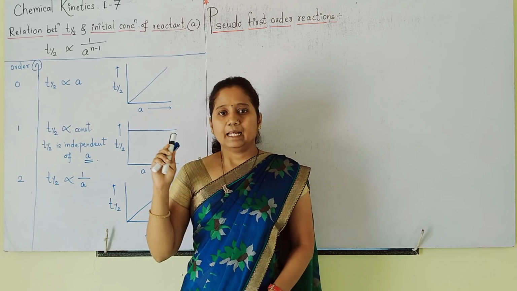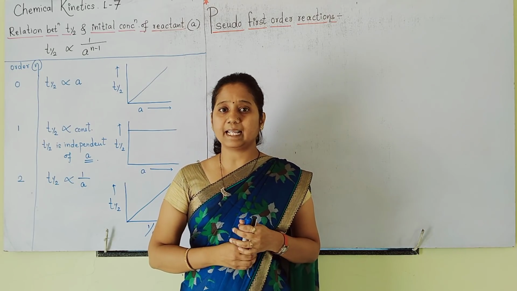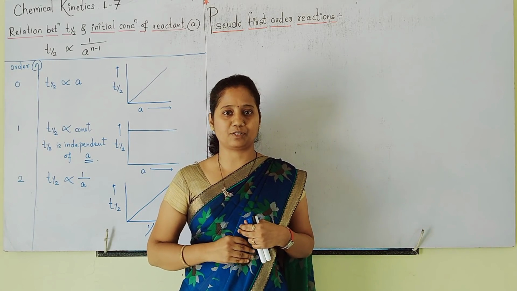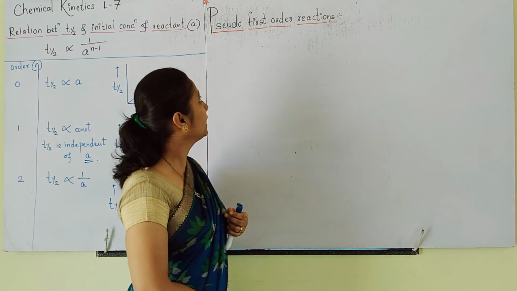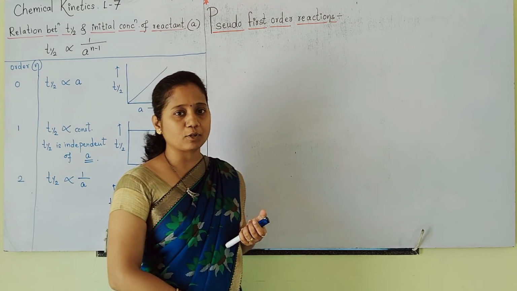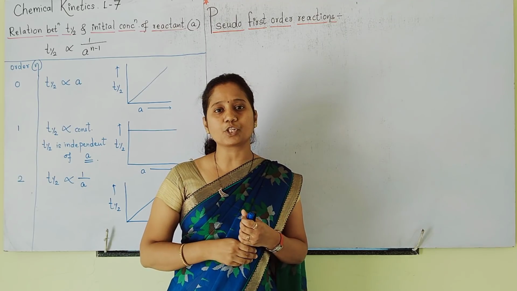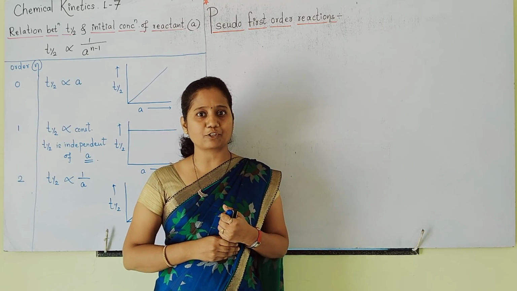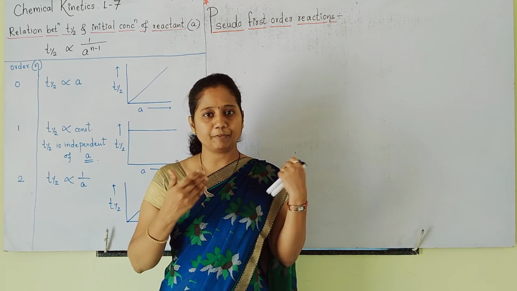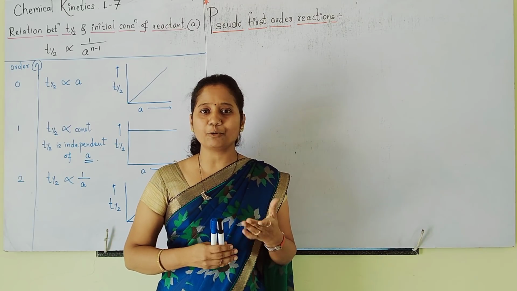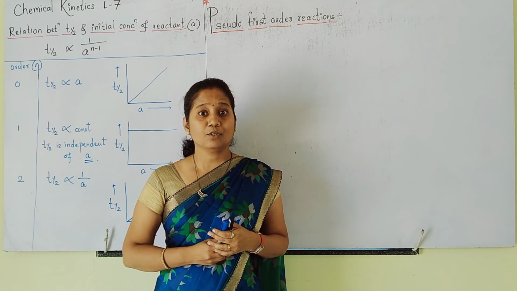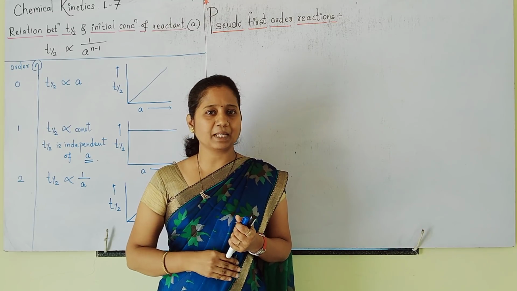Okay. So let us move towards our next topic, pseudo first order reactions. Very important topic. Many times the question will be asked: define pseudo first order reaction, give an example. So before writing the definition, let us understand what we mean by pseudo first order reactions. Pseudo means false. Something is wrong.